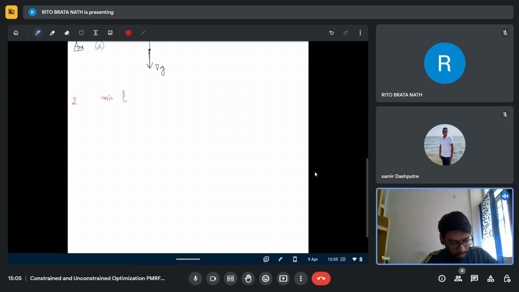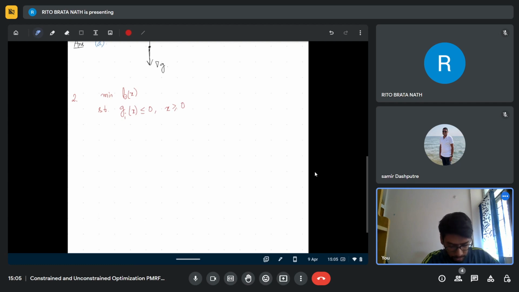The second one is min of f(x) subject to g_i(x) less than or equal to 0 and x greater than or equal to 0.